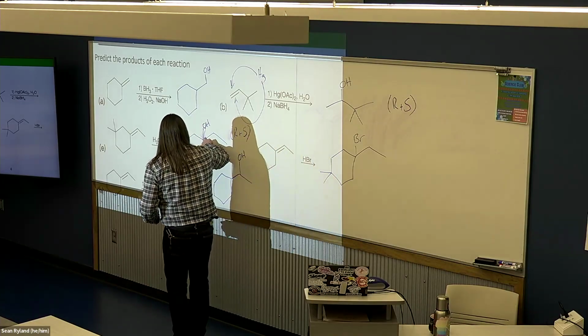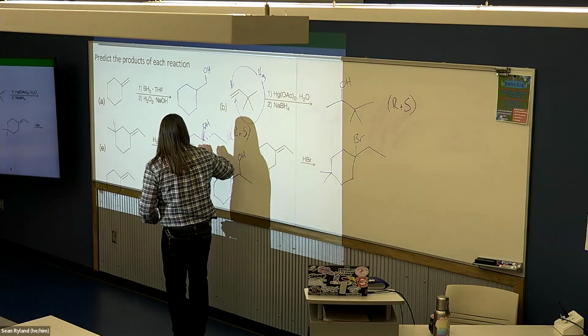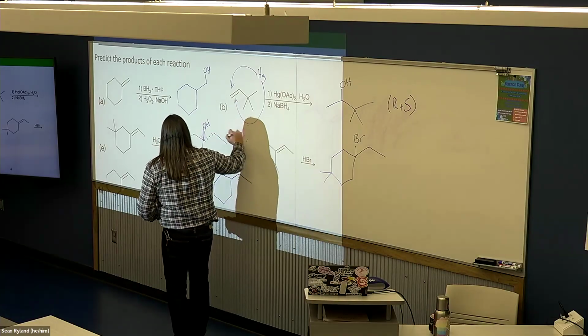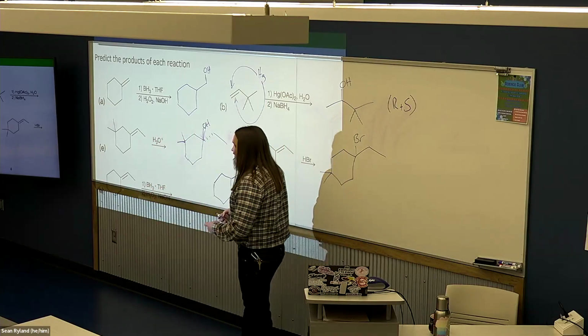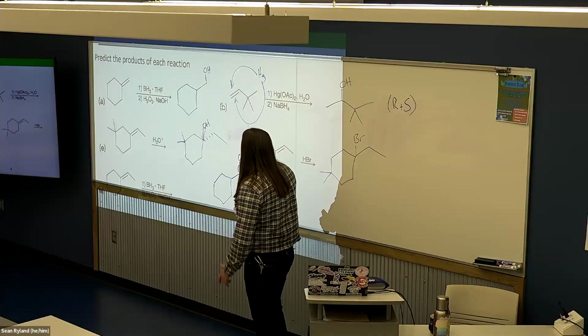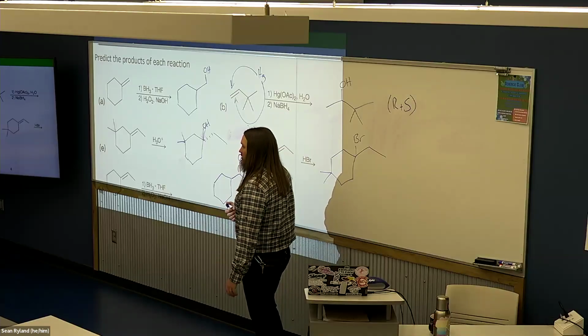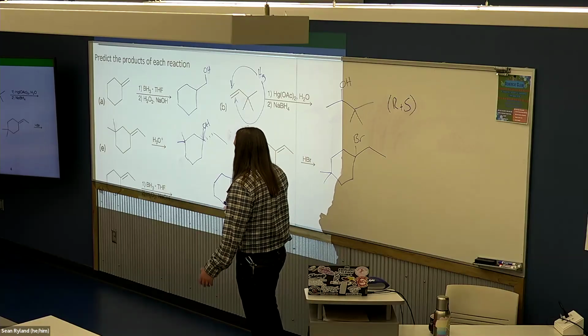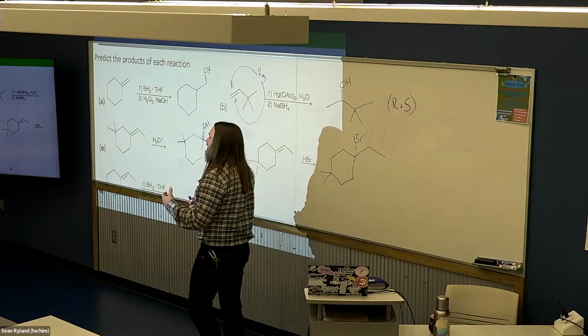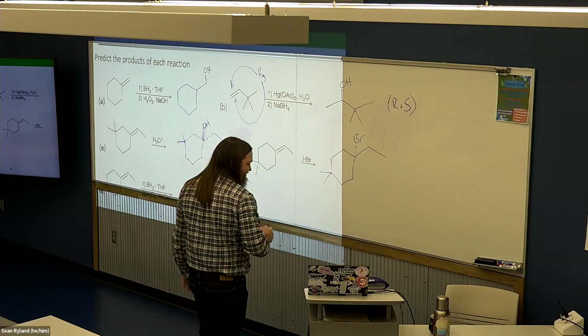We're going to make that, and then we're going to make the reverse where the oxygen's down and the branch. You could either write both of them. That's the way to most completely show your work, because then I know you're not guessing at where the stereo center is. But I'm going to trust that you all know how to count to 4 and figure out that it's a stereo center.